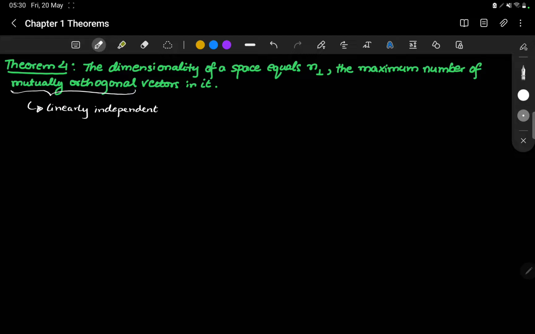Now let us see that if we have a linear combination of orthogonal vectors adding up to 0, let us suppose that we have such a case. So let us form a linear combination of these orthogonal vectors.